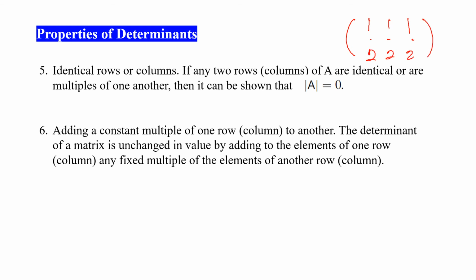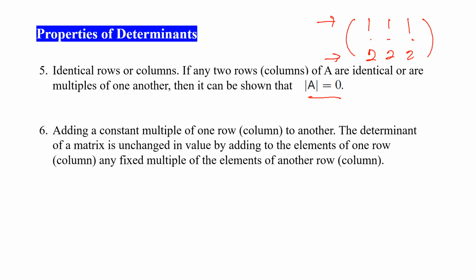As you can see, if you remove the common factor for your third row, which is 2, then you have your first row and your third row, which are identical. Then if you find the determinant of this one, you'll see that the determinant is actually equal to 0.